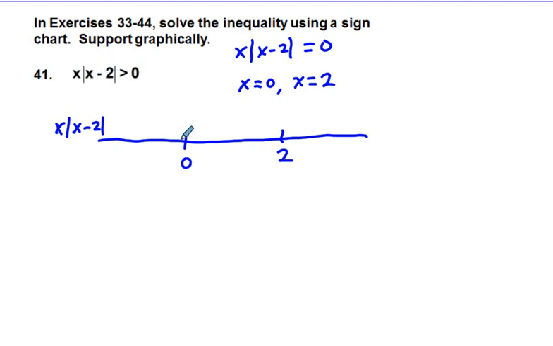At 0, of course, the value would be 0. Less than 0, we would have a negative times a positive, because this absolute value is always going to be greater than or equal to 0. So we're going to have a negative to the left.